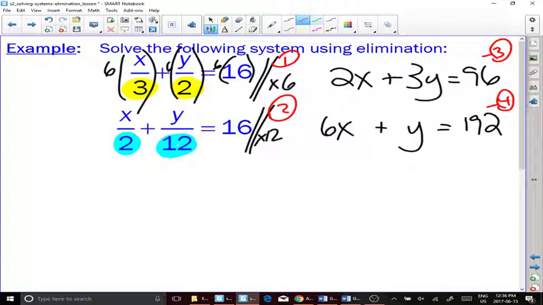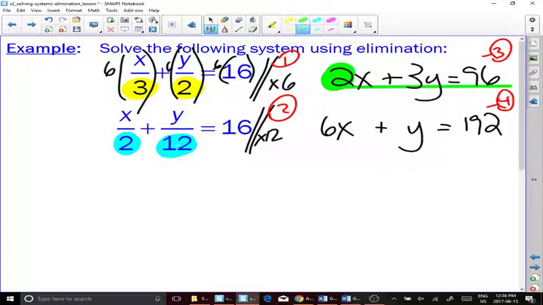Our next step is we want to make sure that either the numbers in front of the x's or the numbers in front of the y's are the same. And maybe the easiest way to do that would be to multiply equation 3 by 3. In other words, take this equation and multiply it by 3, because then we'll have 6x.